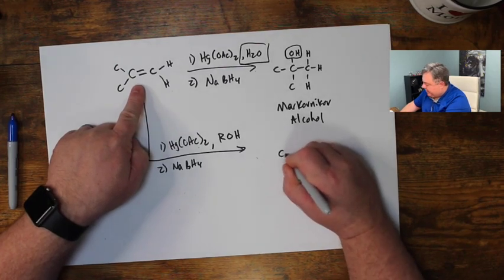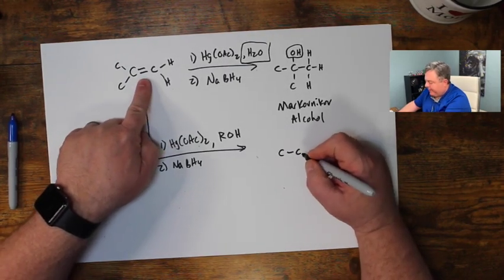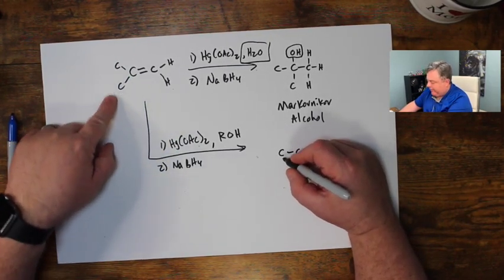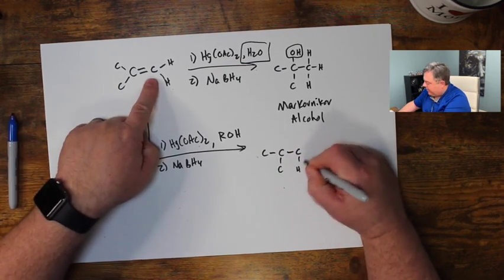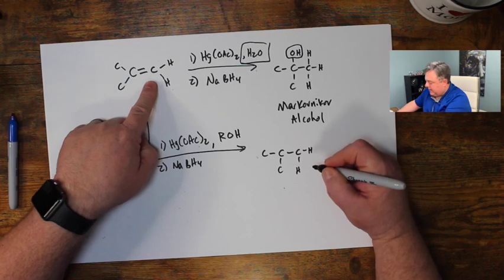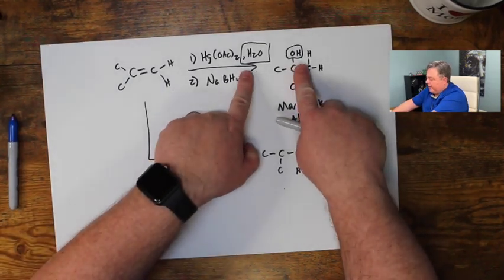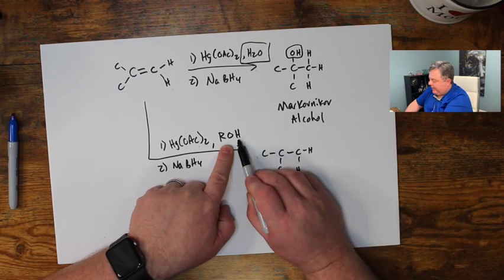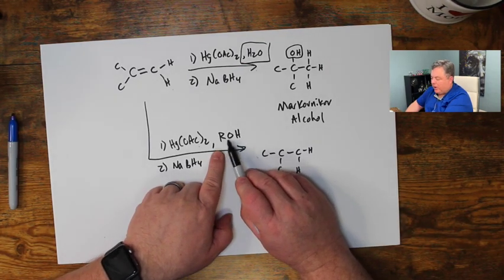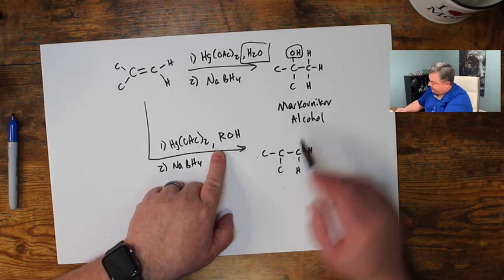I'm going to take my double bond. I'm going to add across it, so I'm going to make this a single bond. On the left carbon, I'll put my two carbons. On the right carbon, I'll put my two hydrogens. And instead of adding water across the double bond, now I'm going to add the alcohol across the double bond. The H goes on one side and the OR group goes on the other.